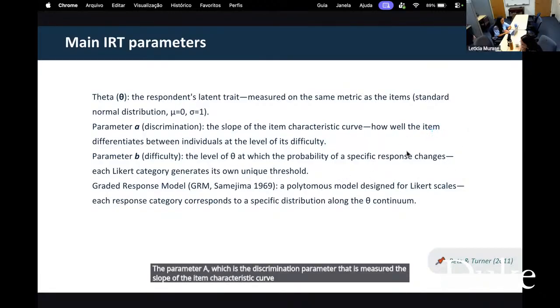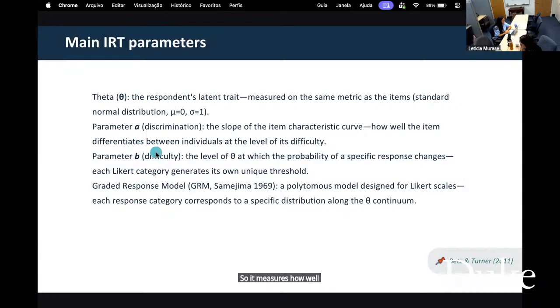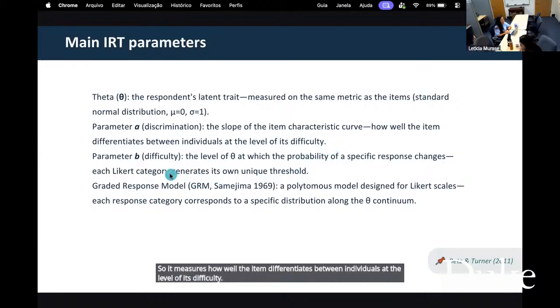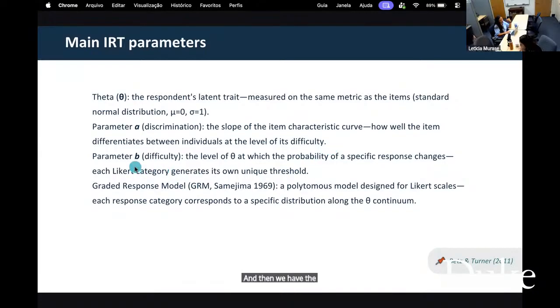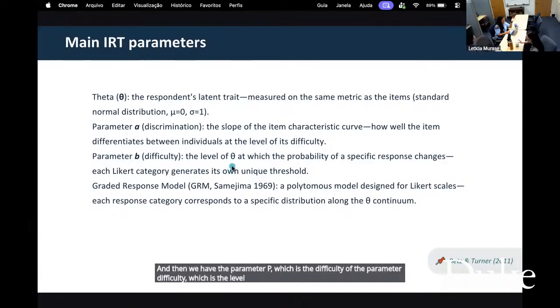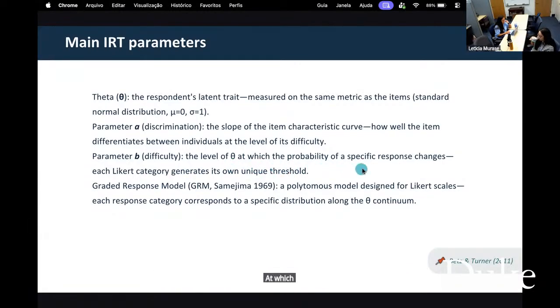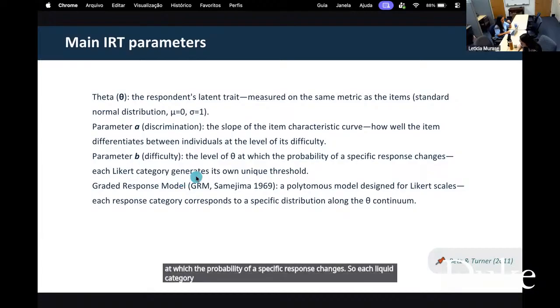So it measures how well the item differentiates between individuals at the level of its difficulty. And then we have the parameter B, the difficulty parameter, which is the level of the latent trait, theta, at which the probability of a specific response changes. So each Likert category generates its own unique threshold.